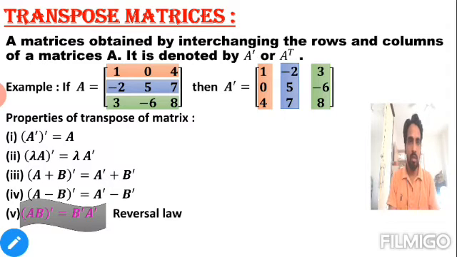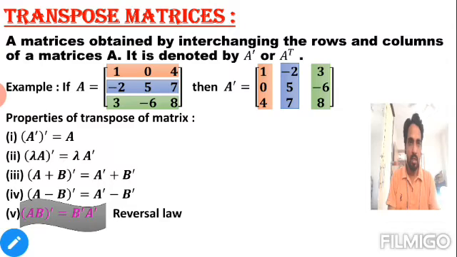You will understand this by this example, where I have taken the matrix A of order 3 by 3, 3 rows and 3 columns. The first row consists of 1 0 4, the second row -2 5 7, and the third row 3 -6 8. When I am writing the transpose of this, I am just making each row a column.